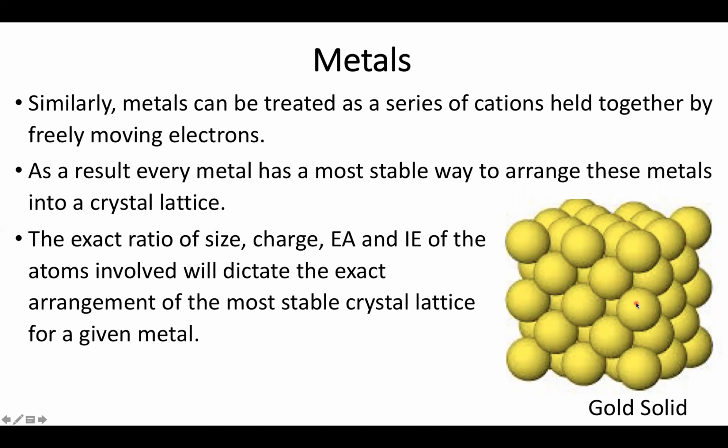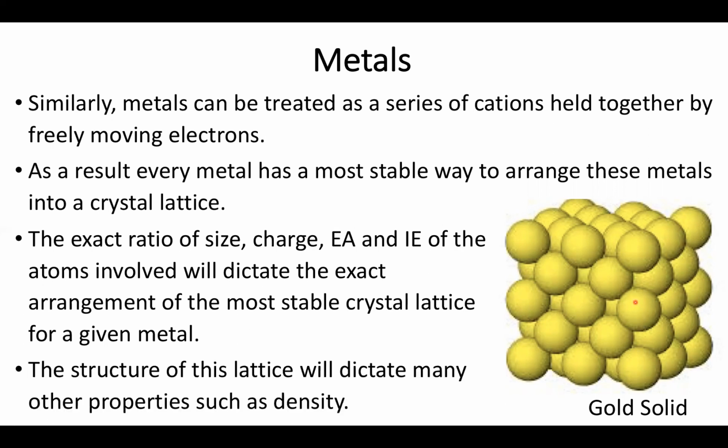So some metals can adopt multiple crystal structures, but most prefer one form. And the structure of this lattice is going to dictate a host of properties. So this includes things like density, essentially how tightly packed can the system get. But it also can impact properties like what color is the system. So how does light move into or out of this lattice?